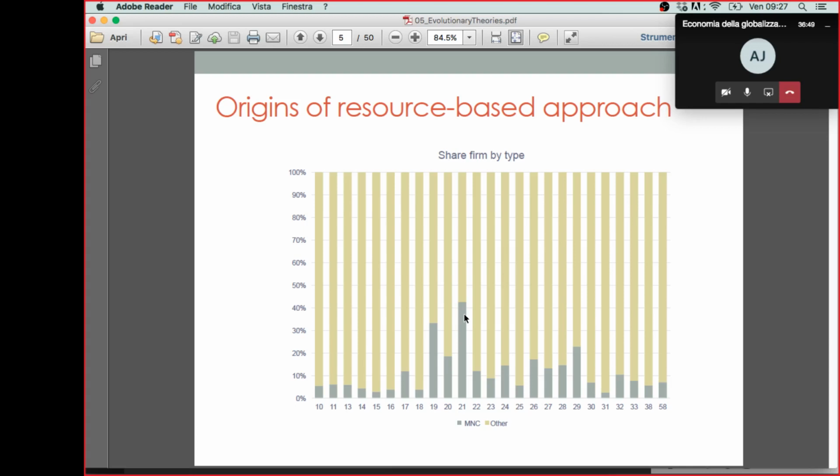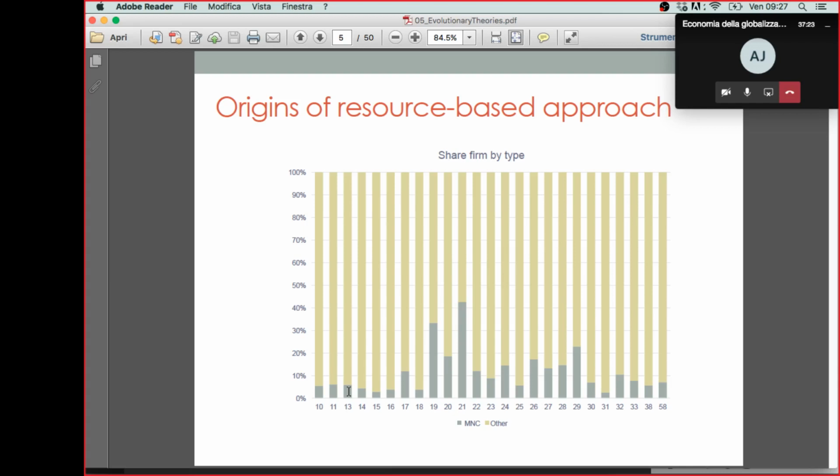If you go to the data, you observe that the share of multinational companies does change. There are some sectors like the 19 and the 21, which I think is, I don't want to be wrong, but it's something related to chemicals production and things like that. There are more multinational companies, the share is higher, but still you do observe that in all the sectors, roughly at least up to 5% of the firms are multinational companies.